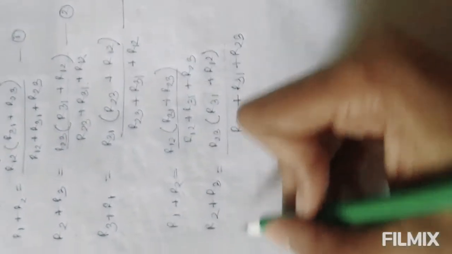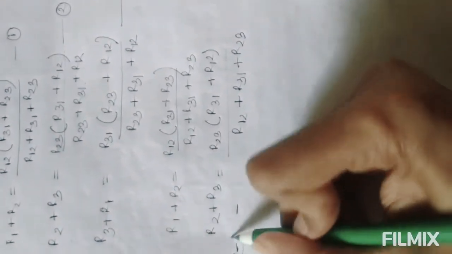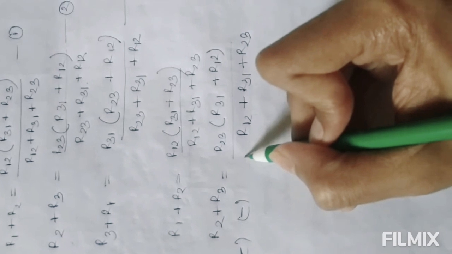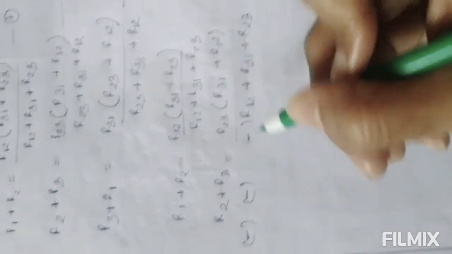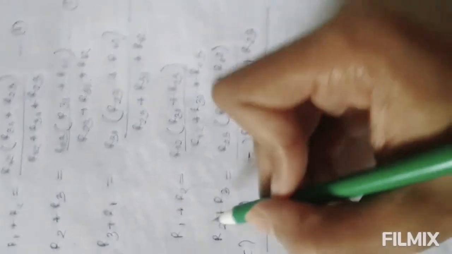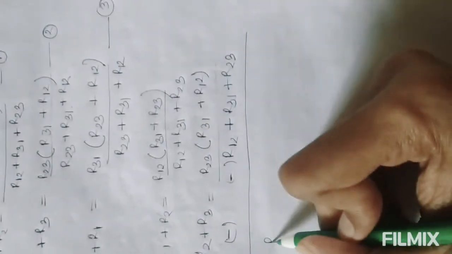Then we subtract this and also this, right? What we need, this cancels out.